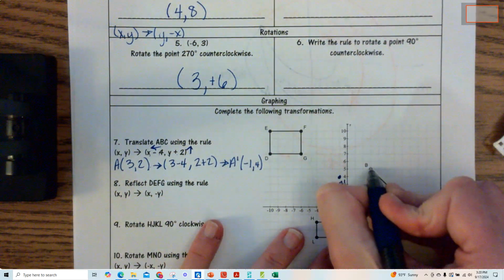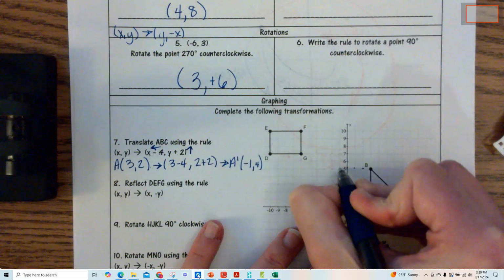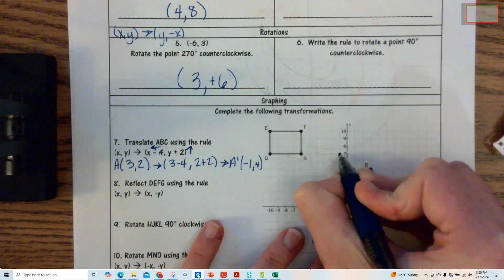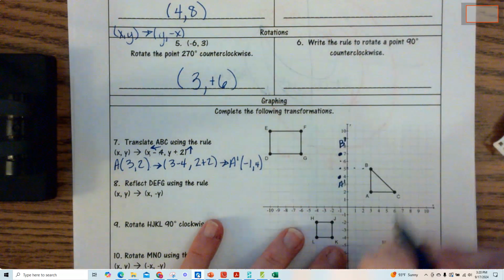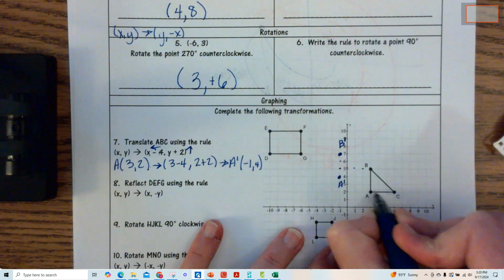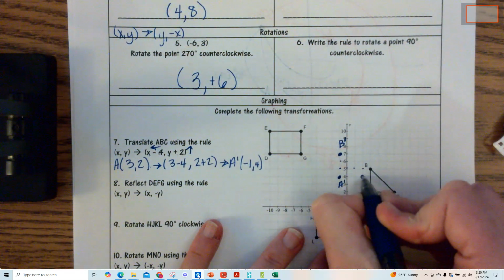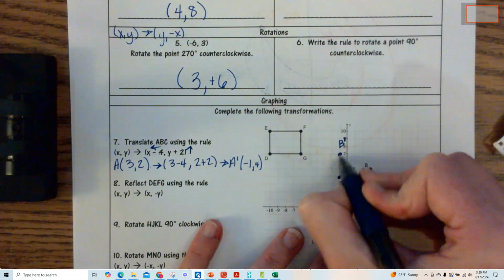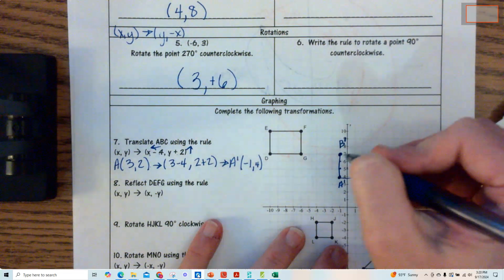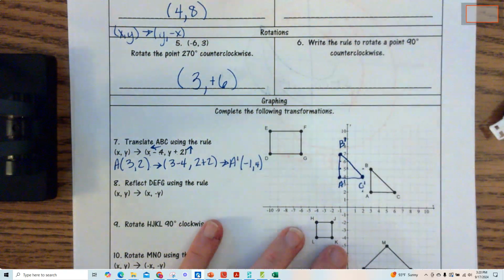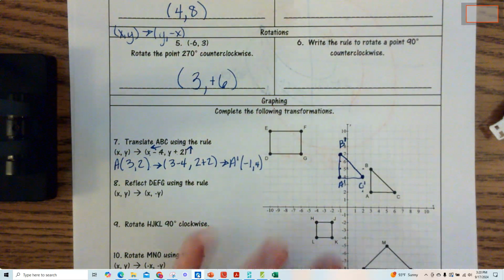So I can take a point and go 1, 2, 3, 4, up 1, 2. There's my new B, B prime. Same with C. 1, 2, 3, 4, up 2, C prime. Connect the dots. And I translated it. I moved the whole shape according to that rule. Okay?